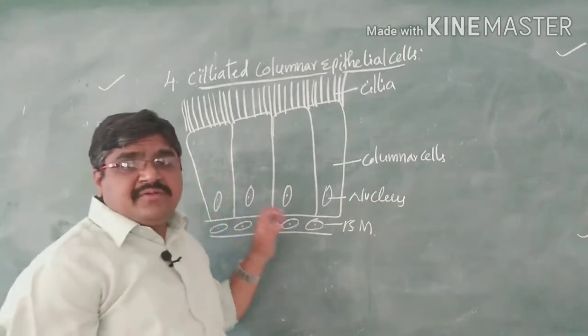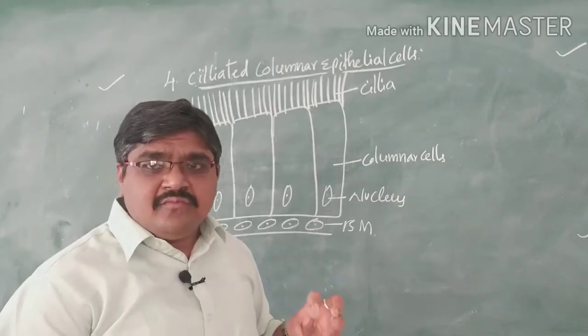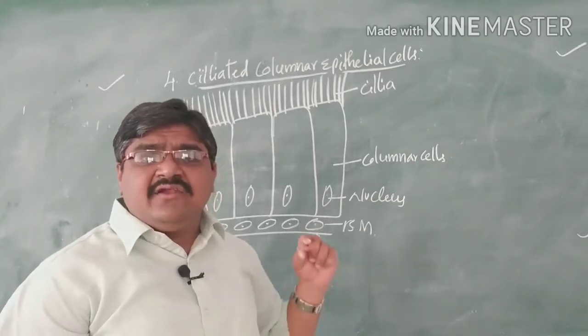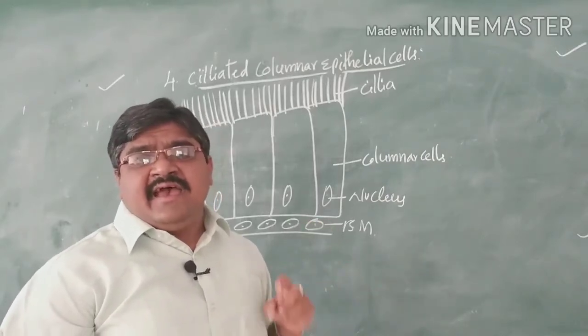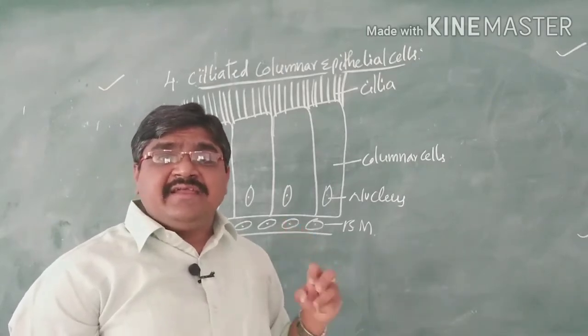Based on the presence of these, they are classified into two types. One is ciliated cuboidal epithelial cells, and the second one is ciliated columnar epithelial cells.